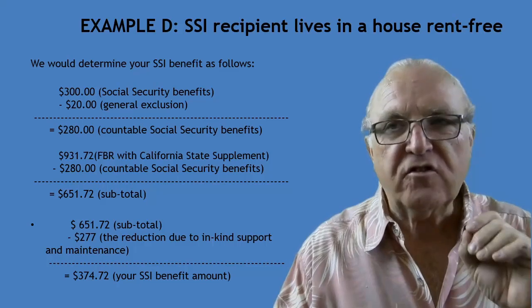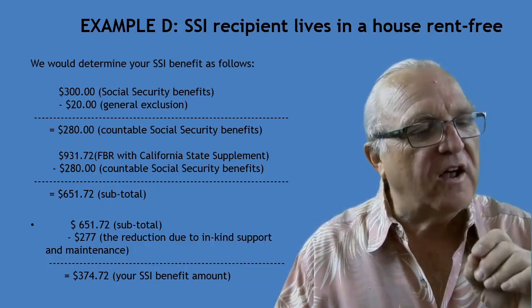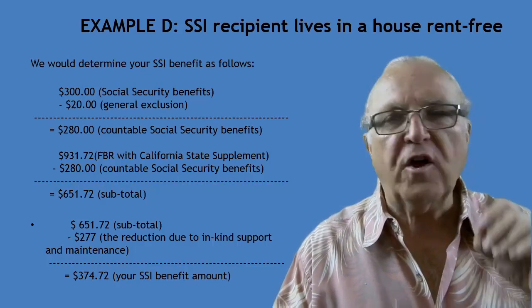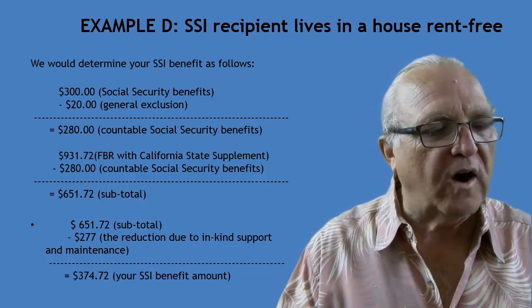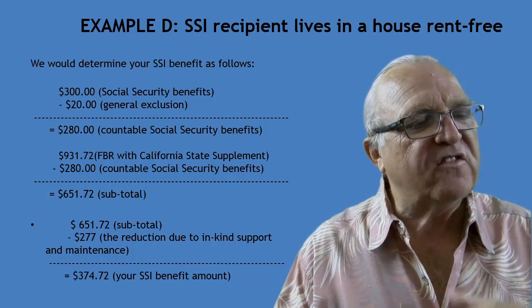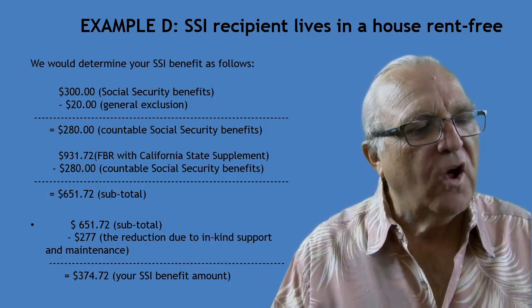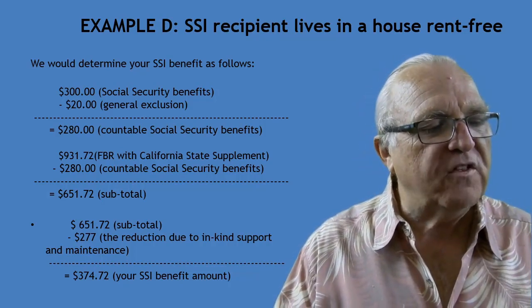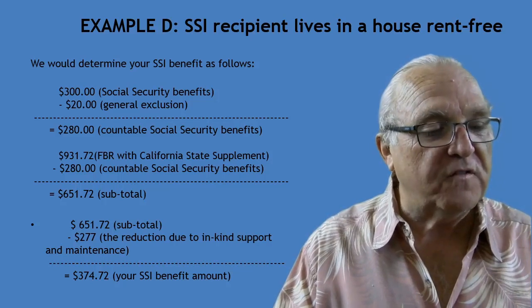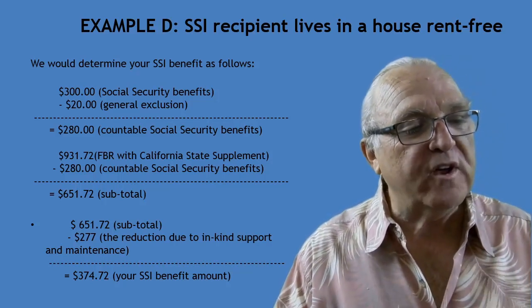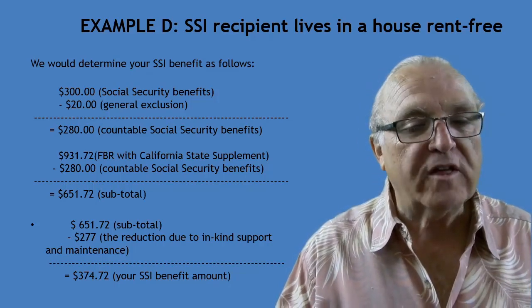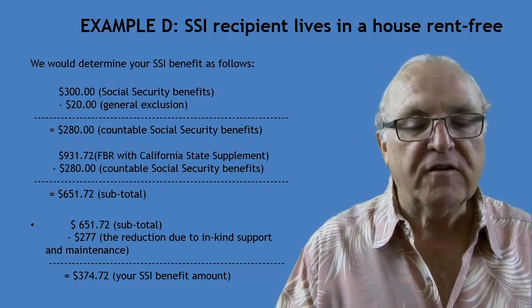The reason it's $277 and not $257 is we already took the $20 general exclusion. You don't get to do it twice. So in a situation like this, what the person would receive would be $374.72 of SSI, keeping in mind that they're still getting the $300 a month of their regular Social Security benefits.